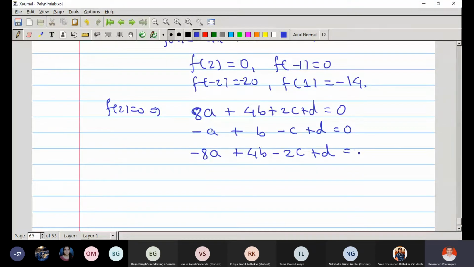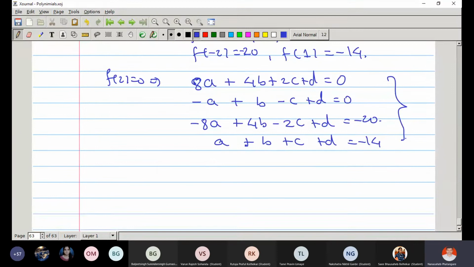And f of 1 is minus 14, so a plus b plus c plus d is equal to minus 14. So we have 4 equations in 4 unknowns. So this is a system of 4 equations in 4 unknowns.